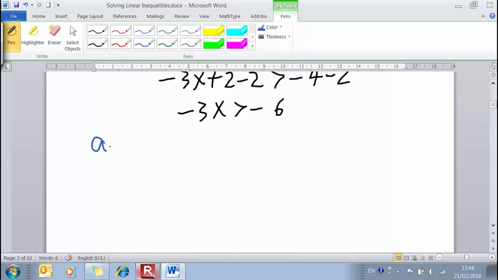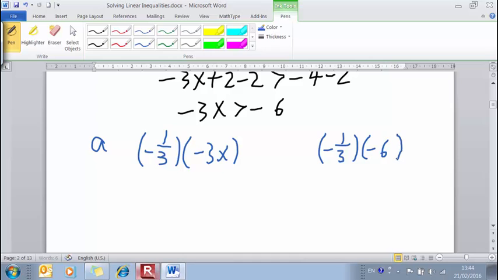In the first method, I will multiply by negative 1/3. And don't forget to flip the inequality sign to be less than. Now we have negative 1/3 times negative 3 gives us a positive 1.